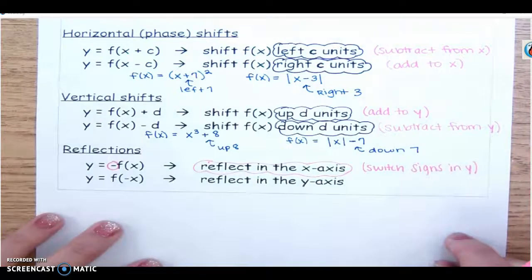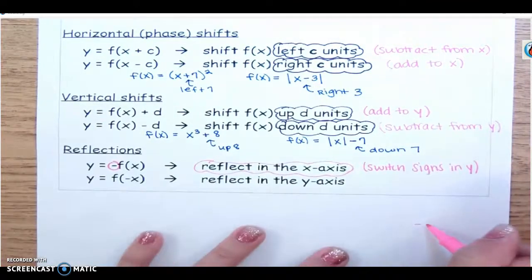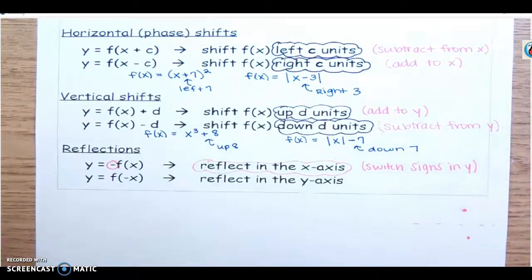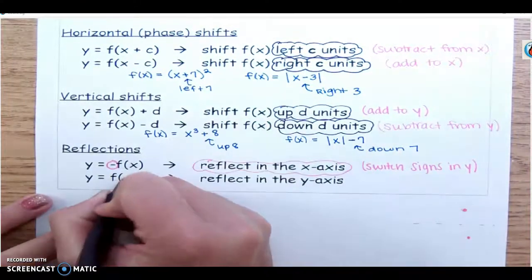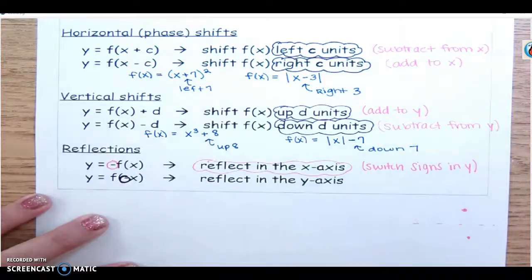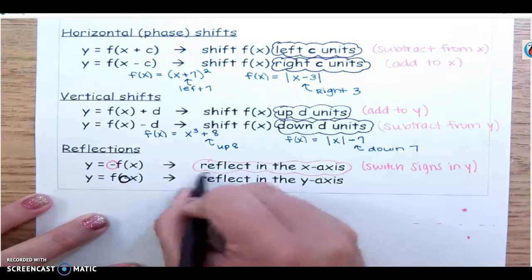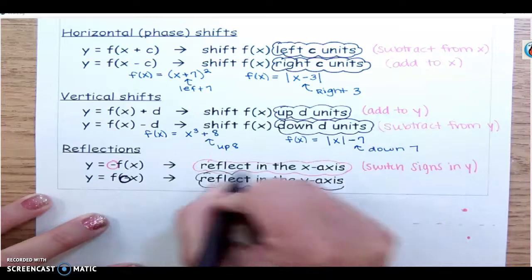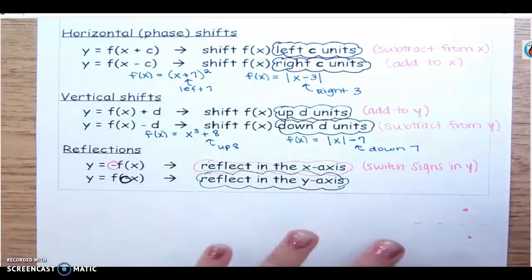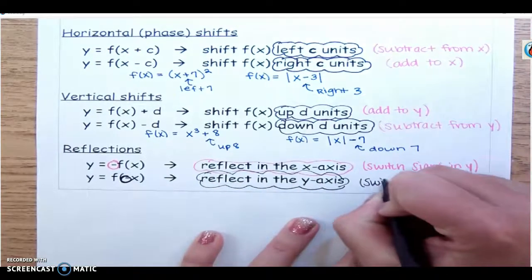Okay, the reason is if you reflect over the x-axis, if you reflect from this point to reflecting over here, you're really changing those y values, okay? And then if the negative is on the inside of the parentheses or the absolute value bars, then you're going to reflect over the y-axis, which means you're going to switch the signs of x.